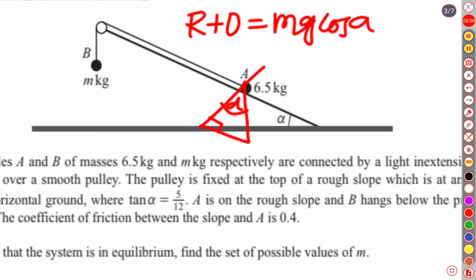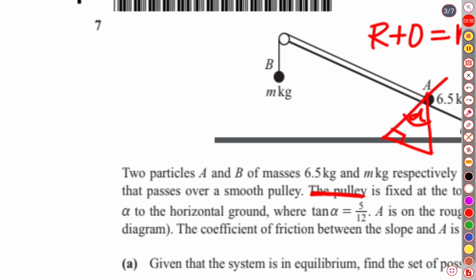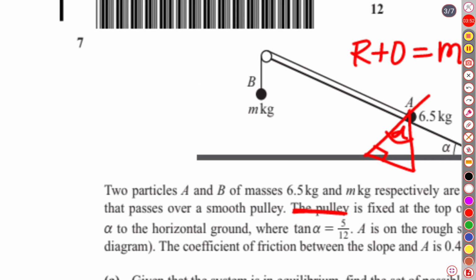For cos alpha, the value of tan alpha is given. From that we will find cos alpha. Let me draw a triangle over here. This is the right angle triangle where the angle is alpha, and tan alpha is 5 over 12.